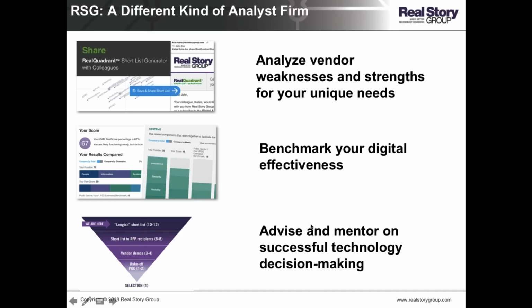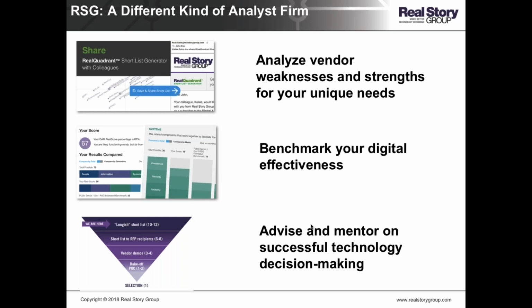Many of you know Real Story Group, some of you don't. Just want to fill you in here. We're a different kind of analyst firm. We work exclusively with buyers like you. What we've been doing for the last 17 years is deeply analyzing the vendors' weaknesses and strengths, but doing it in a way that allows you to understand how those weaknesses and strengths are going to play out for your unique needs. So we have some interesting tools to help you do that, and obviously very deep and highly critical research.